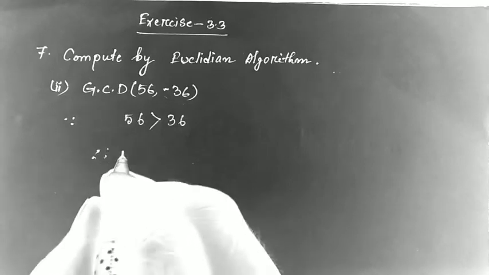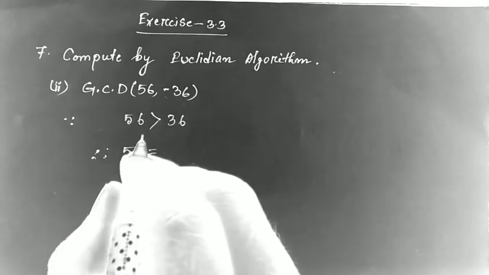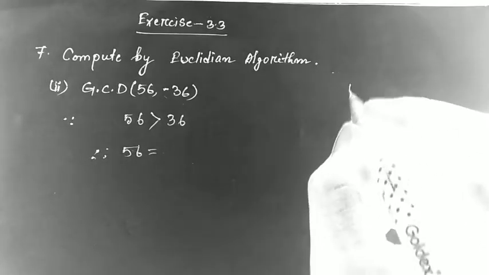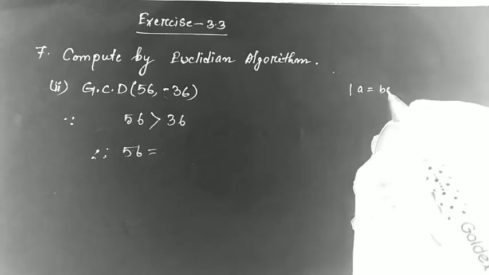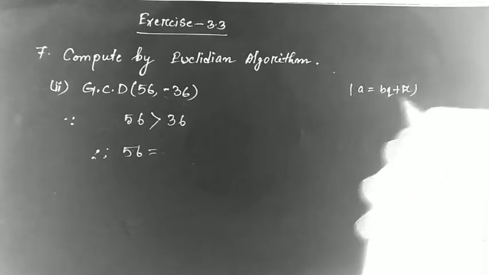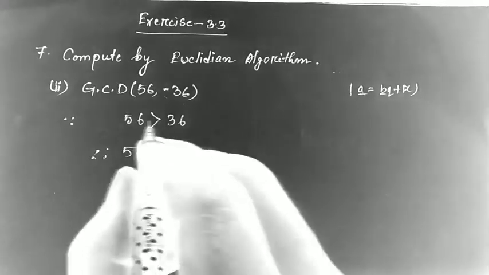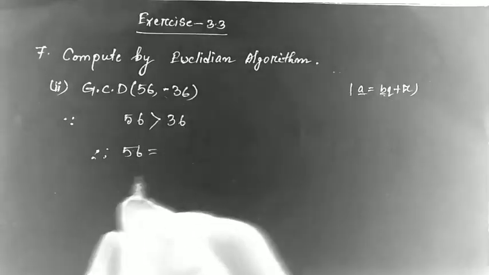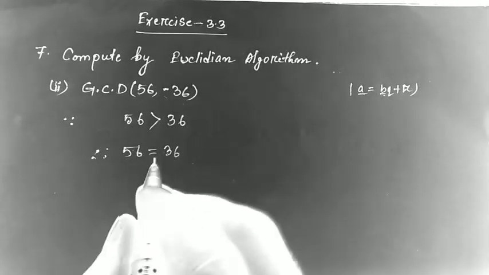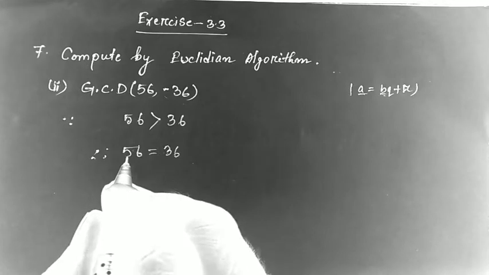Therefore we can write A is equal to B into Q plus R, where A and B are the integers, so A is taken as 56 and B is taken as 36.